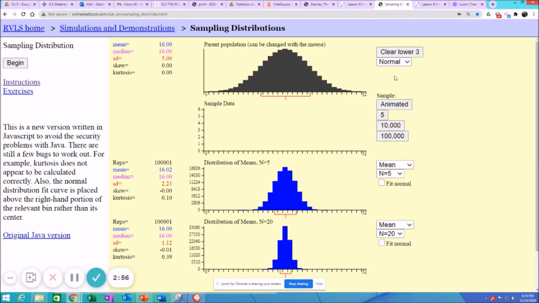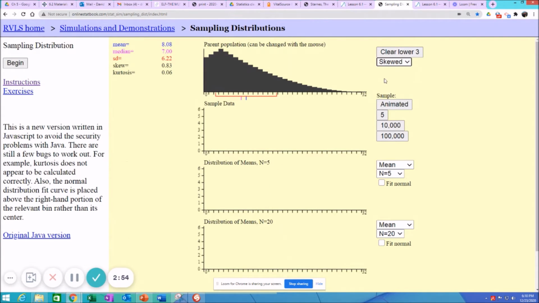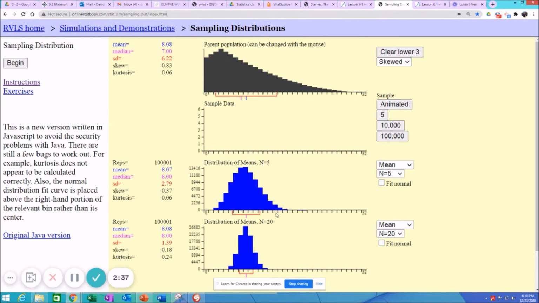Let's say we change it to be a skewed distribution. We can do it again. Here's 5 samples from the population. There's the mean. Here's 20 samples from the population, and down here will be the mean. If I did that 100,000 times, there's our distribution. See the mean up here is at 8.08.